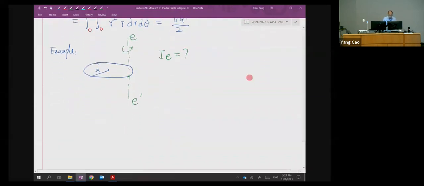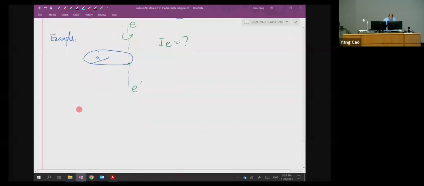So first thing to do is establish a formulation to describe this situation properly. We can establish a coordinate system, here's the XY coordinate system.